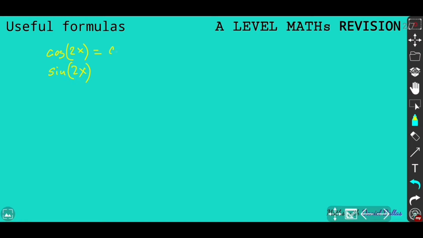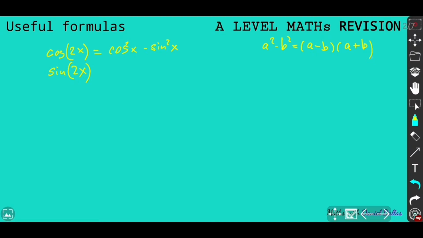Cos 2x is equal to cos squared x minus sine squared x. It's basically the difference of the cos and sine functions of the single argument, and because it's the difference of cos squared and sine squared, you can perceive it as a difference of two squares. Just remember, in comparison, a squared minus b squared can always be written in factorized form as a minus b times a plus b.